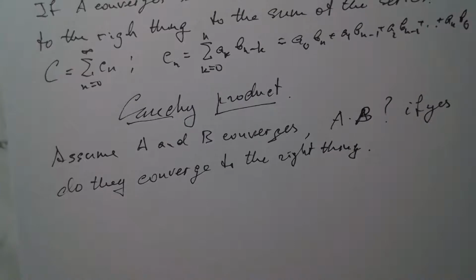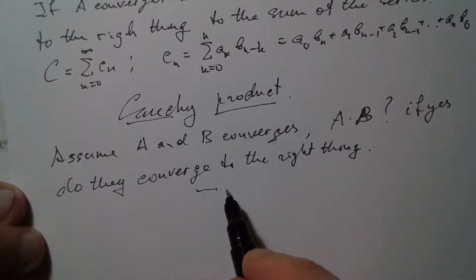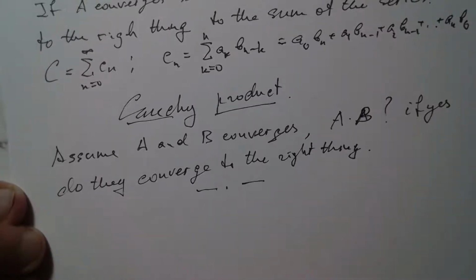There are partial answers to that question that we're going to discuss now. One of them we're not going to discuss. Rudin doesn't discuss it, so I'm not going to discuss it later either.